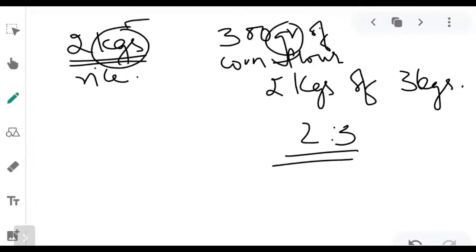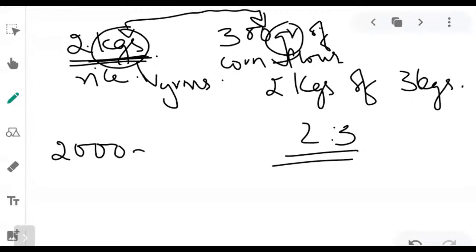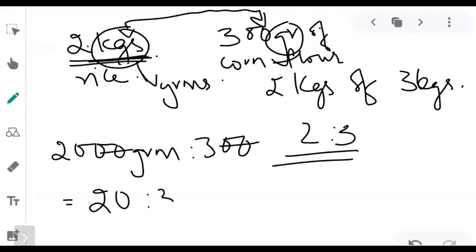They are of the same family of units, they are both weights only. But you should always come to an equal point. That is, convert your kgs into grams. Nida, how many grams is 1 kg? 1000. So this will become 2000 grams is to 300 grams. So my ratio is 20 is to 3.